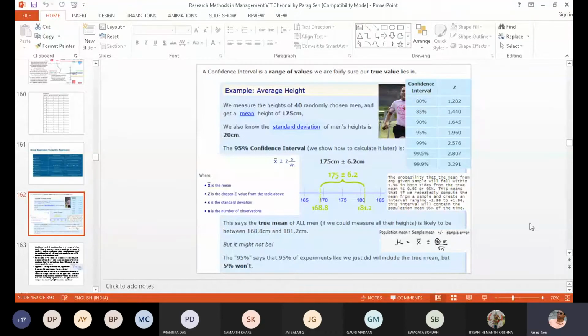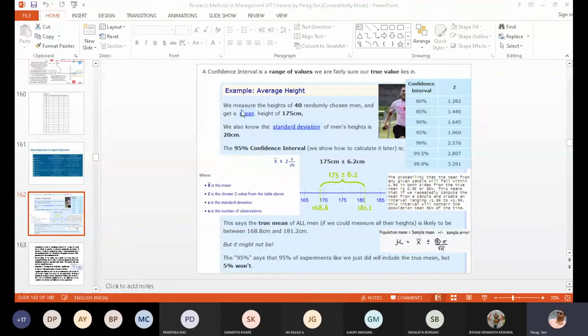Let's take a look at an example. Suppose we measure the heights of 40 randomly chosen men and get a mean height of 175 centimeters. And suppose we also know the standard deviation of the men's heights is 20 centimeters. So how will you find the 95% confidence interval for this mean?